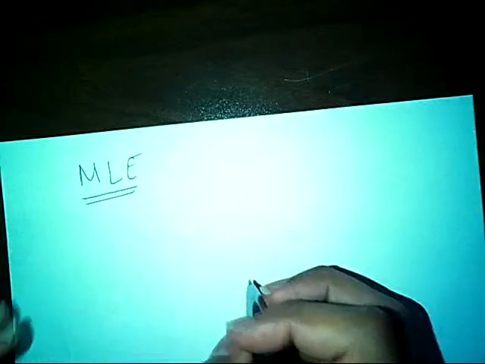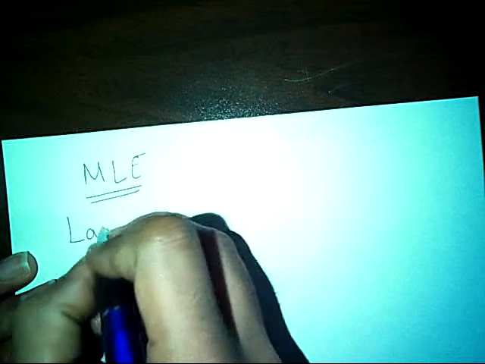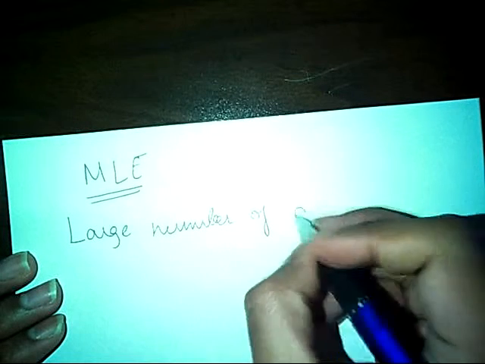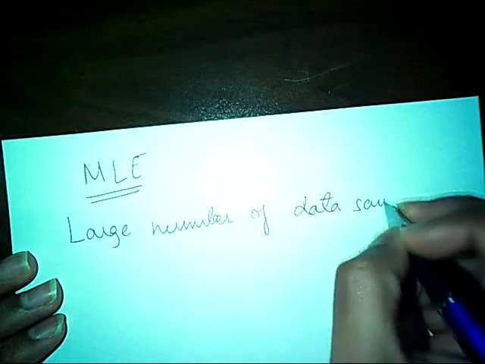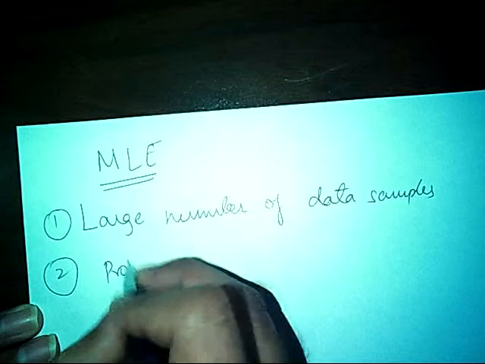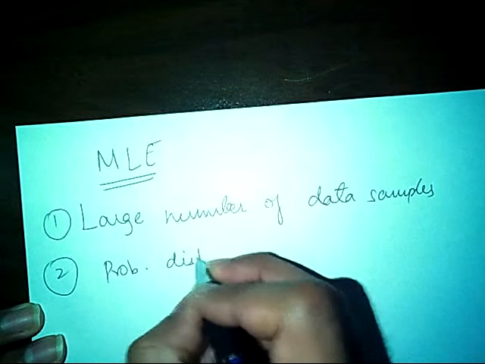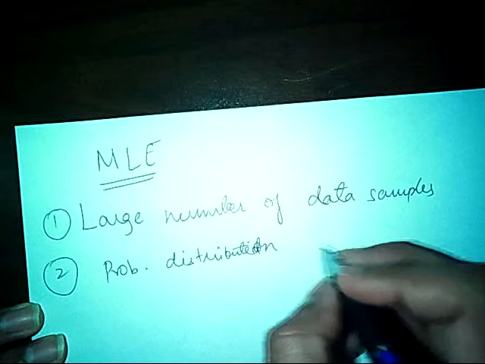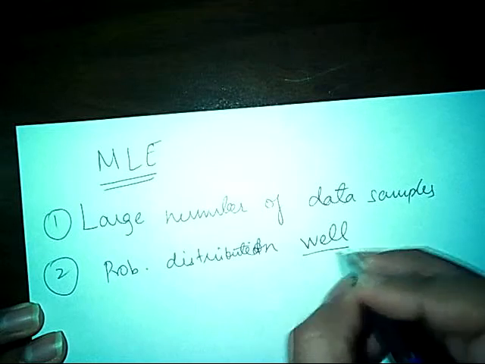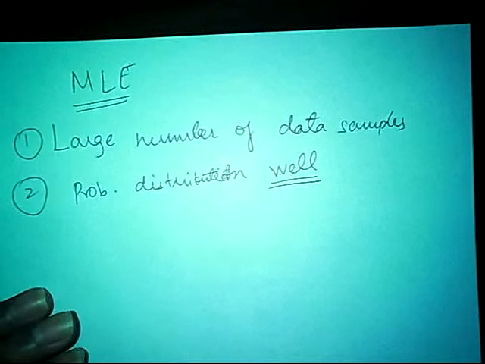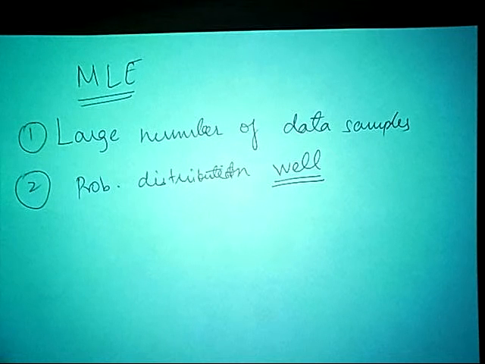So MLE is an estimation technique that works best when you have a large number of data samples with you, and you know the probability distribution from which the data samples were sampled well. So this is a very critical point. We have actually overlooked this point in the explanation that I did.